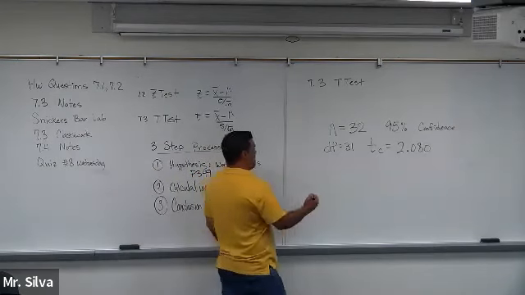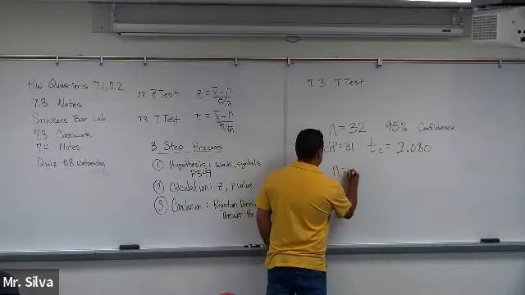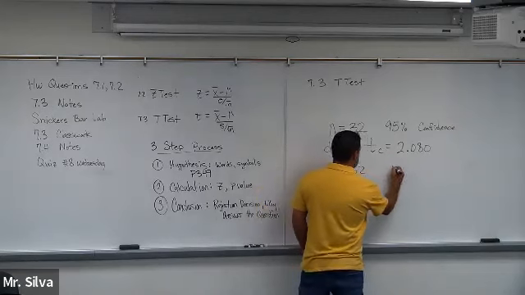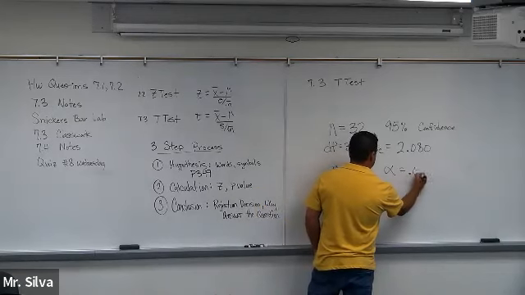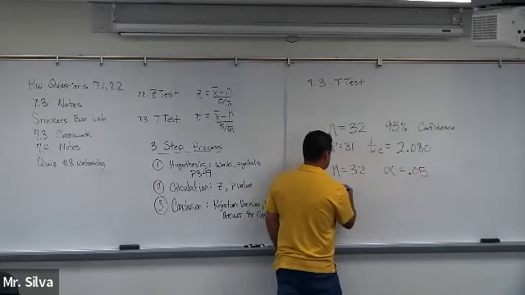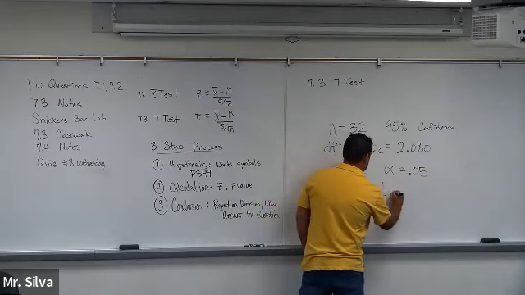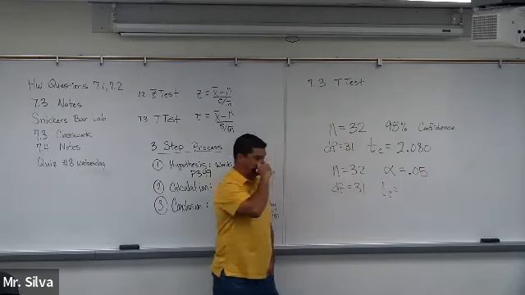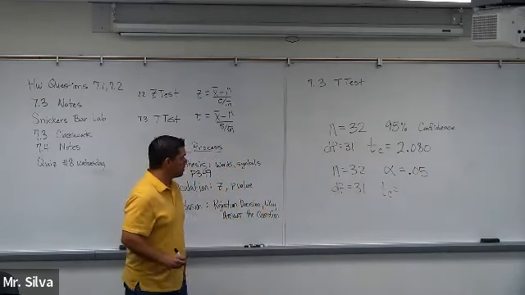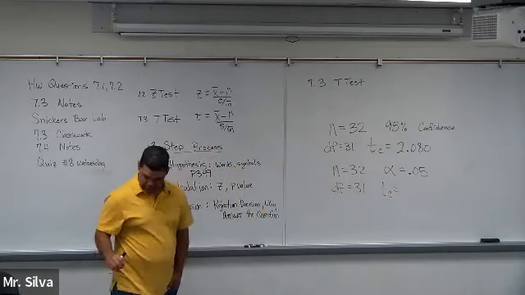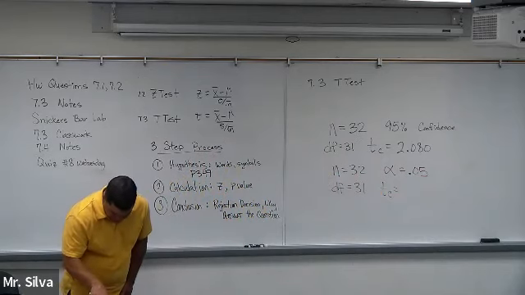I'm going to talk about now alpha level. That means DF is 31. What is our T critical value? I think the T critical value for the top is 2.04. Did I look at the wrong one? 2.04. Thank you.